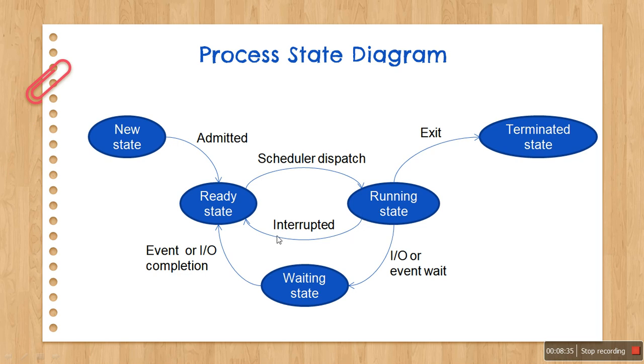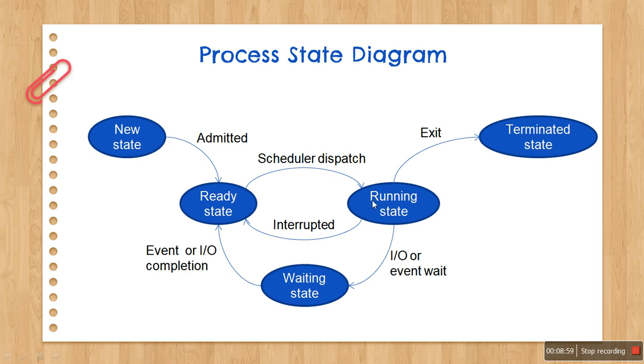And then what happens is when it is in the running state and it gets interrupted, it will move to the ready state again, waiting for the interrupt service routine to resolve the interrupt, and then when its turn comes, the scheduler dispatcher will again dispatch it to the running state.